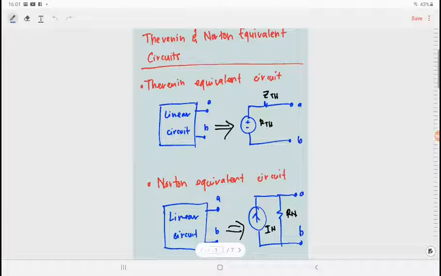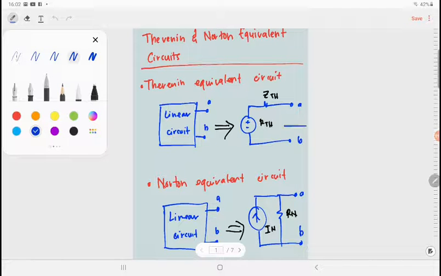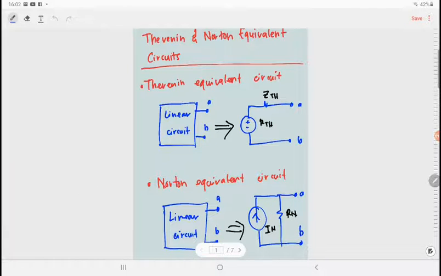So the Thevenin equivalent circuit, as we know, is where we represent our linear circuit in the form of your VTH and RTH, right? So this is not VTH, guys. Sorry, this is actually your VTH and ZTH, because this is AC analysis, so we are using Thevenin impedance, right?